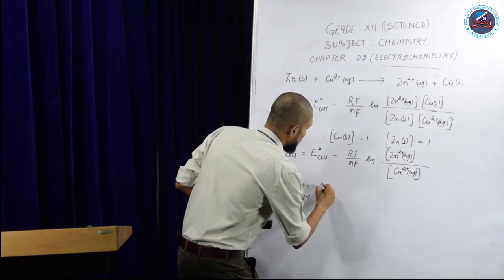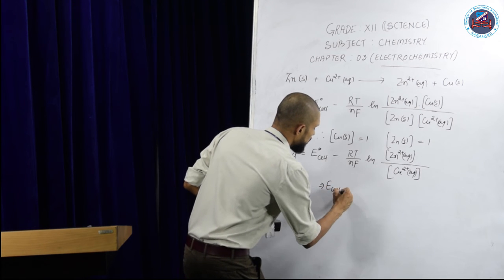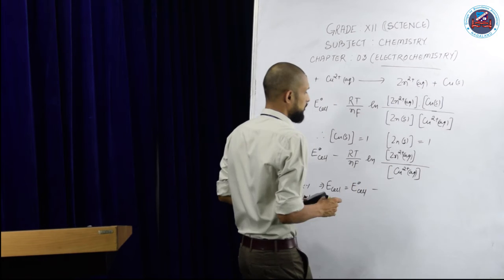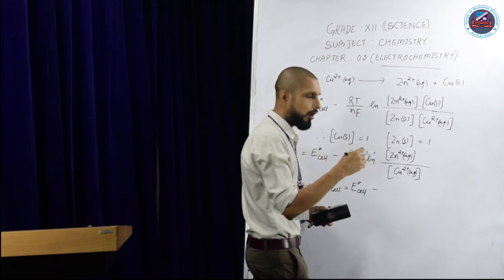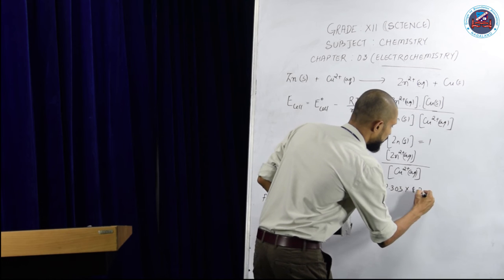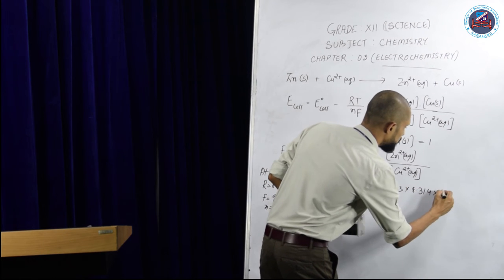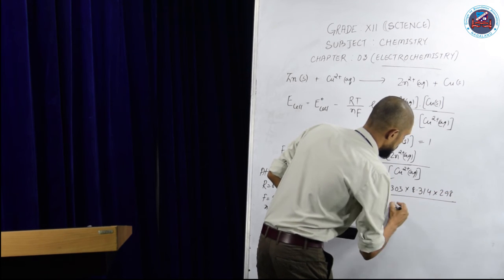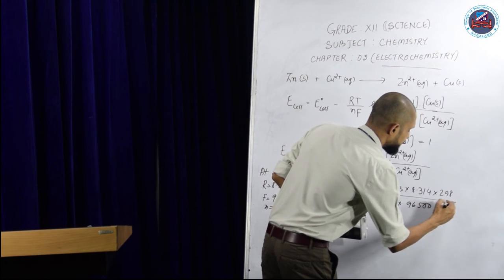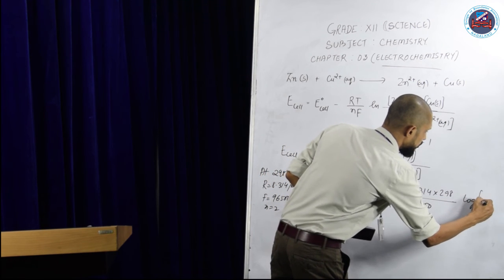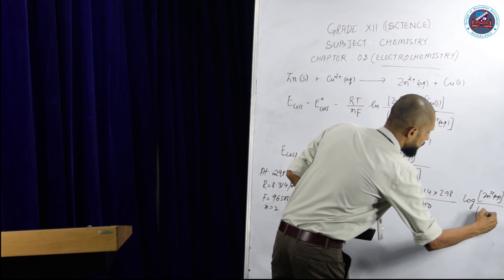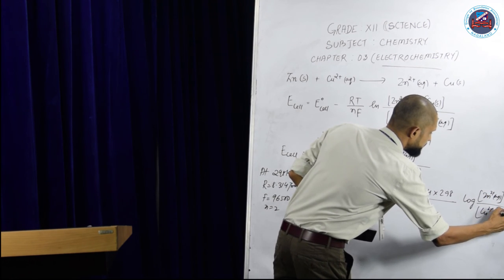So we can write from here E cell is equal to E naught cell minus, ln if you convert into log is 2.303, R is 8.314, T is 298, over 2 multiplied by 96500, log of concentration of Zn2+ aqueous by concentration of Cu2+ aqueous.